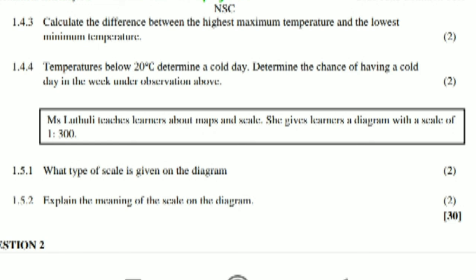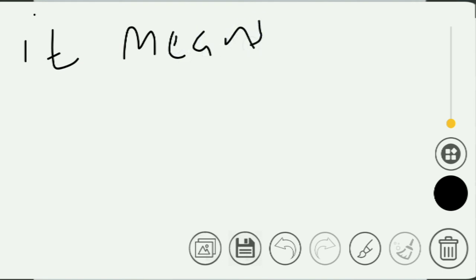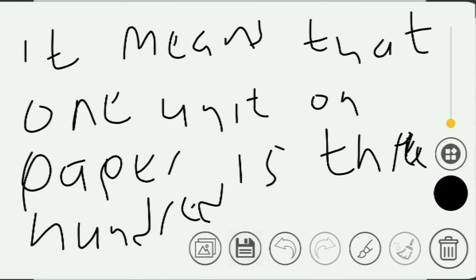So we're going to 1.5.2. Explain the meaning of the scale on the diagram. The scale is 1 to 300. So the meaning of the scale is, guys, I don't have the space here, so I'm just going to say it out loud.